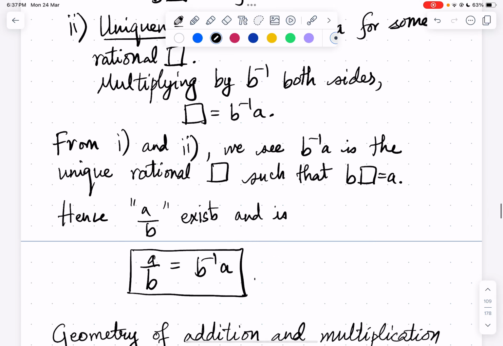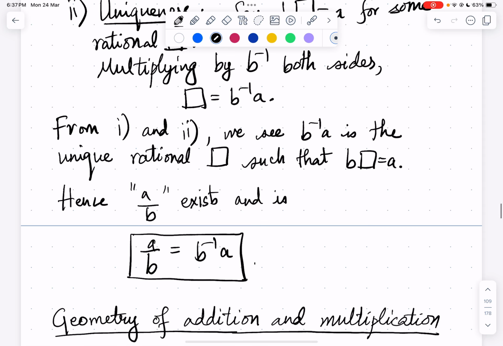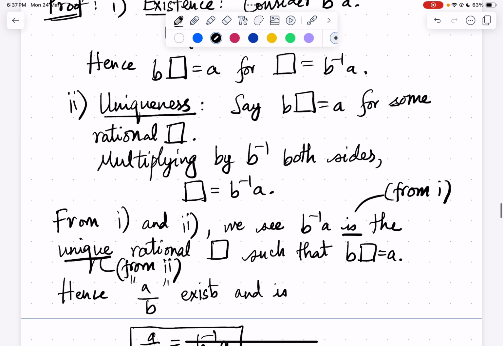So here also, the "is" part is from 1, that b inverse a is a rational box such that b times box is a, and the unique part is from 2. If at all a box satisfies b times box equals a, that box should be b inverse a. So b inverse a is the unique rational box such that b times box is equal to a.